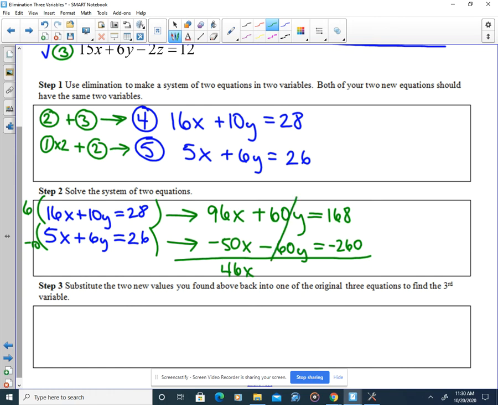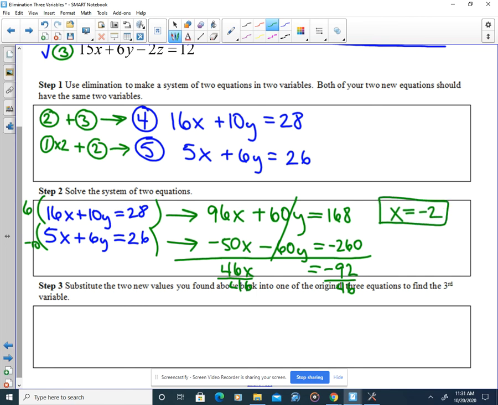These cancel each other out. 168 minus 260 is negative 92. So divide both sides by 46. And we end up with x equals negative 2.